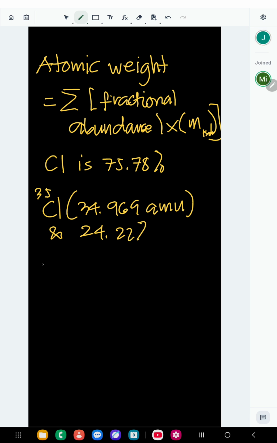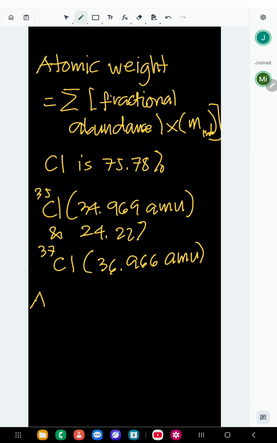And then for chlorine 37, its mass is 36.966 atomic mass unit. Calculate the average atomic mass.